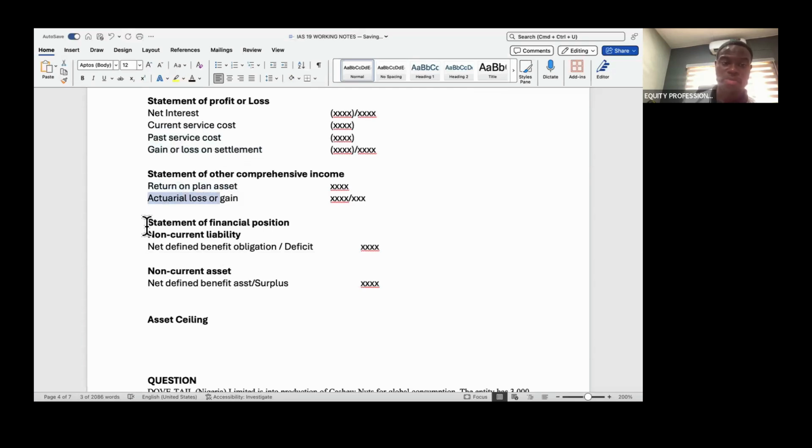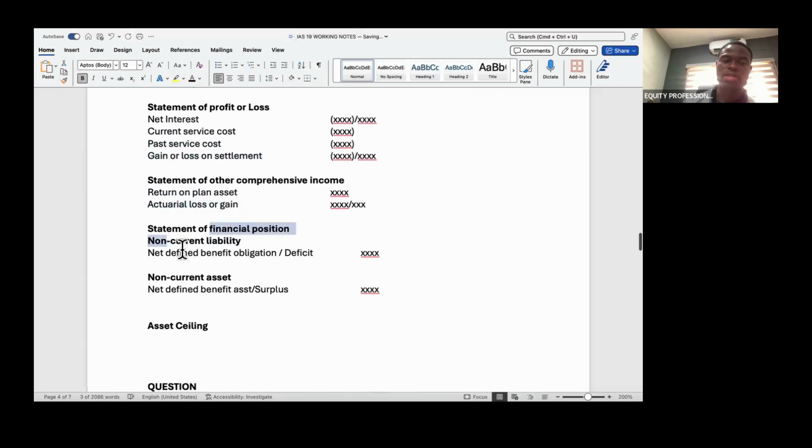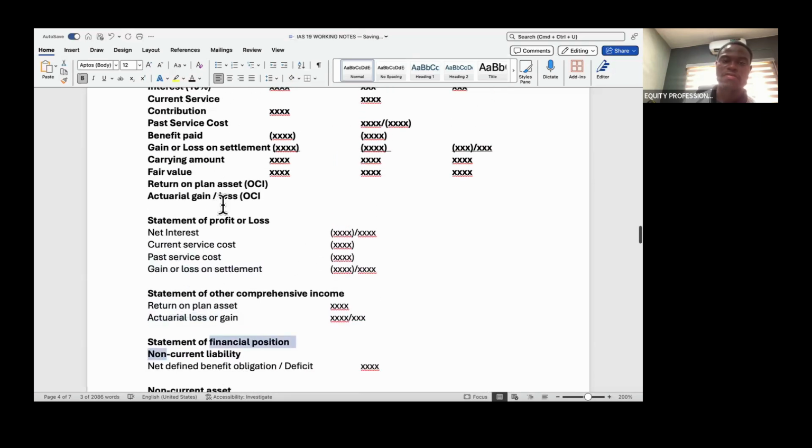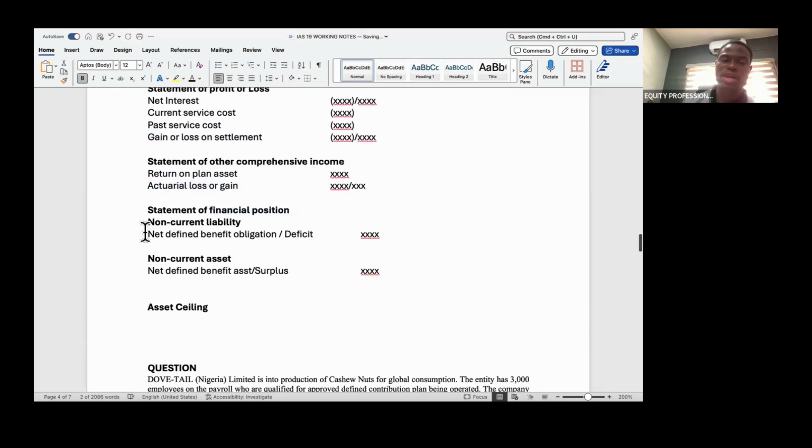In your statement of financial position, under non-current liability, when you get the net of the fair values and your obligation happens to be higher than your assets, you would have a net defined benefit obligation, which is a deficit. If it's the reverse, you would have a net defined benefit asset or surplus that goes under non-current assets.